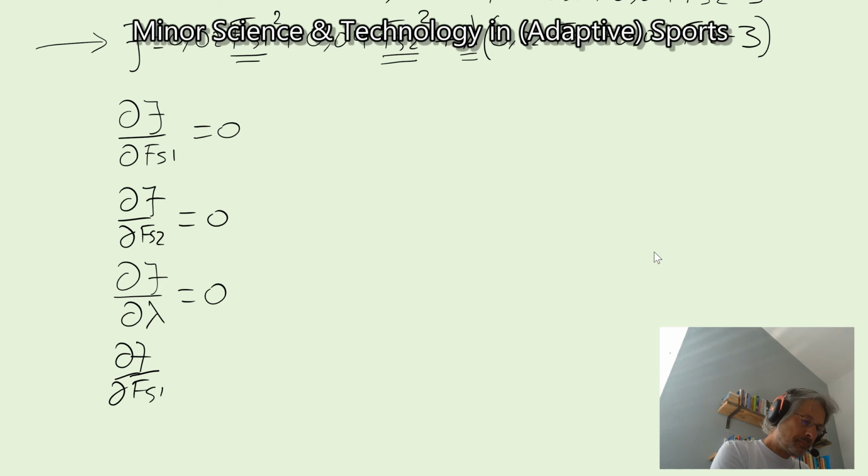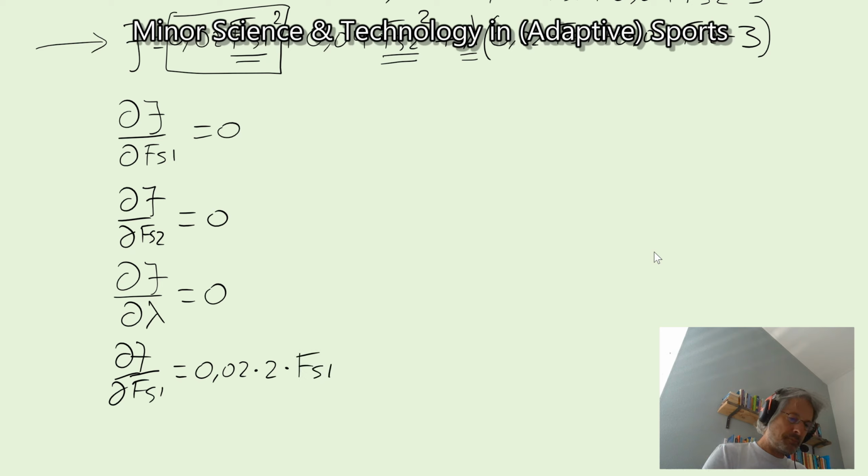Okay, let's differentiate this one. So that is 0.02 times 2 times Fs1. Okay, what happens with this part? Well, that is a constant, as I just said. So if you differentiate it, it will become 0.